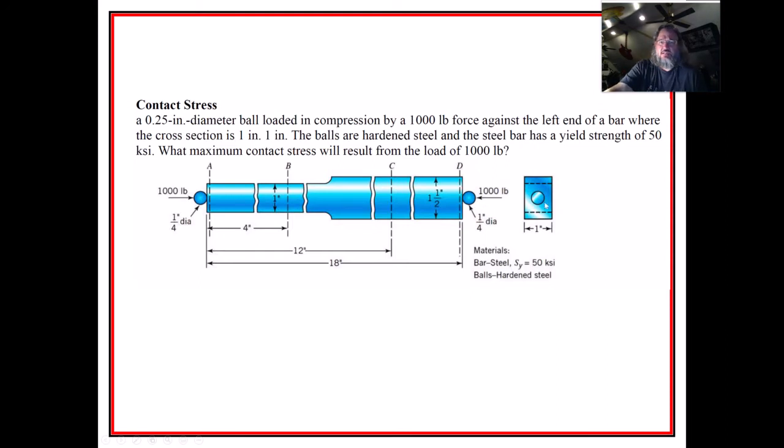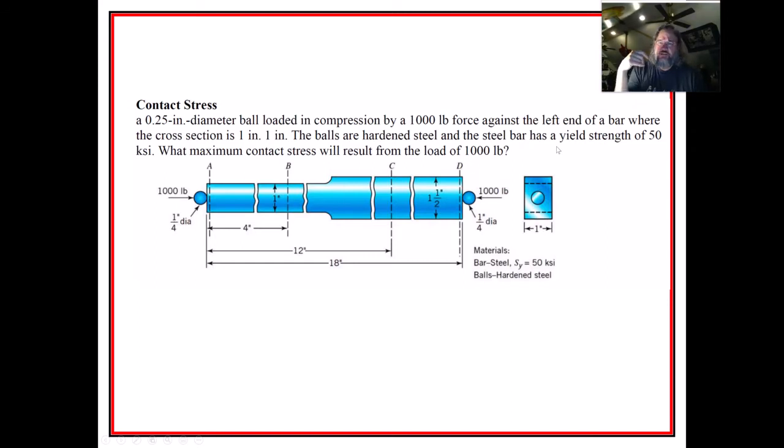The balls are hardened steel, and the steel bar has a yield strength of 50 ksi. What maximum contact stress will result from the load of 1,000 pounds?